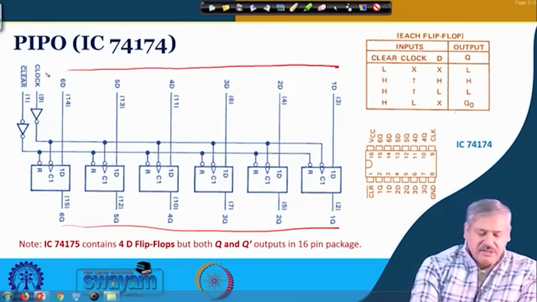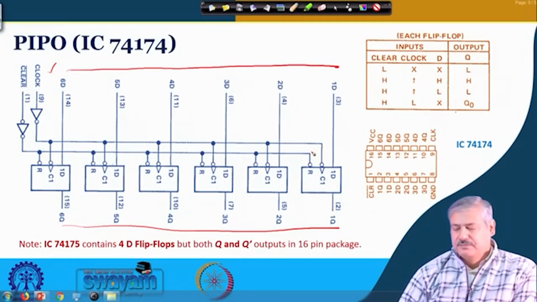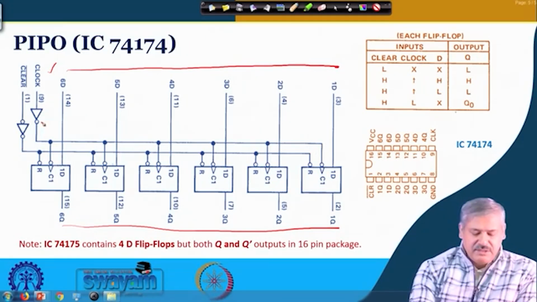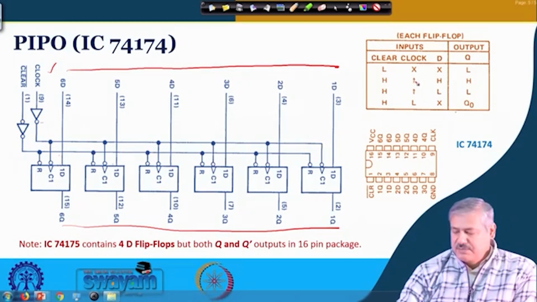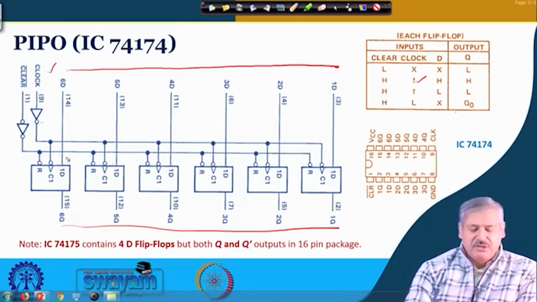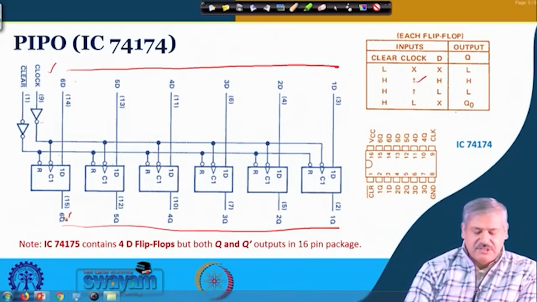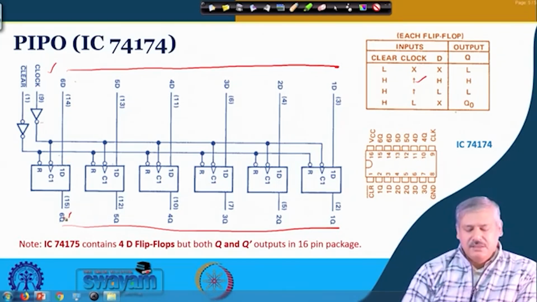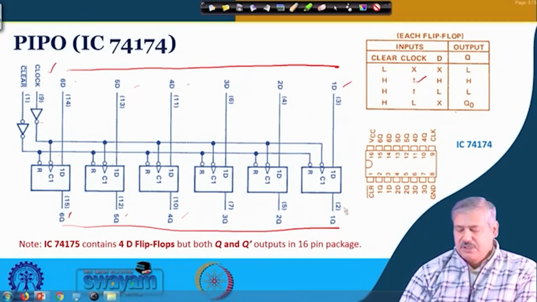Whenever the clock trigger comes, the clock is common, and if you look at this inverter here and inverter here together, then it is positive edge triggered. Whenever the clock trigger comes, whatever data is at 6D comes directly to 6Q. Similarly, 5D comes to 5Q, 4D to 4Q and 1D to 1Q.